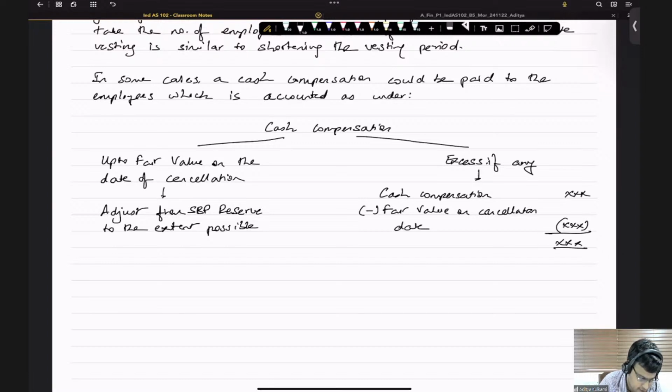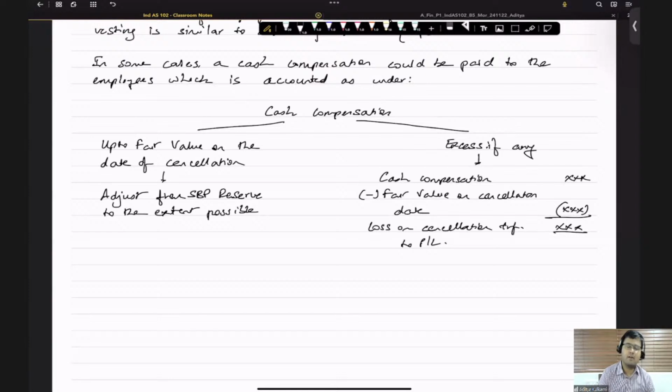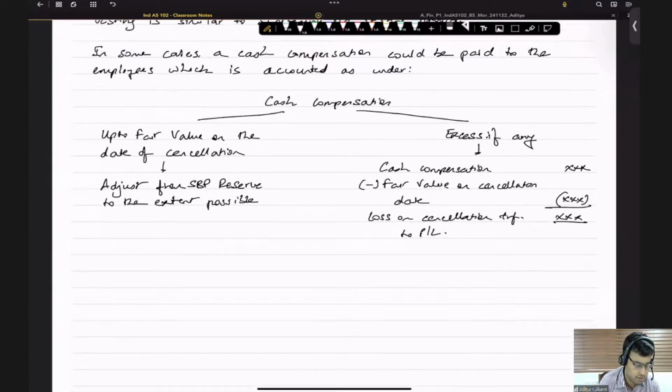If there is anything excess, loss on cancellation transferred to P&L. Typically, there will be a cash compensation because the company has breached the terms of the option.